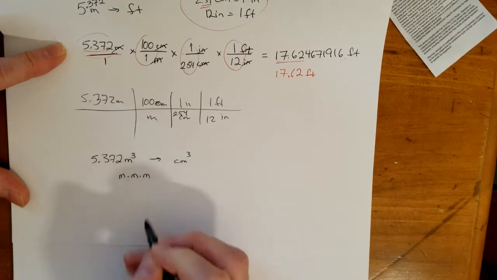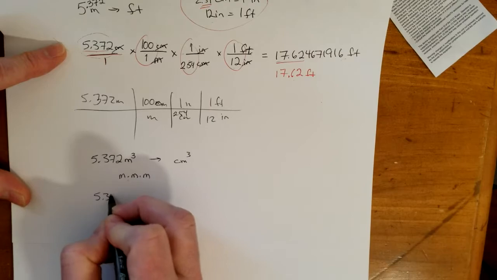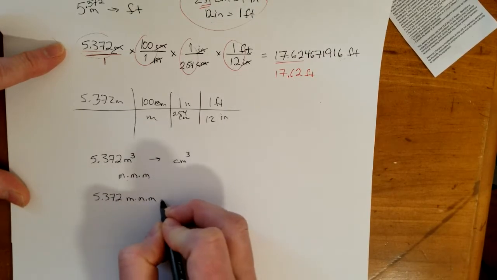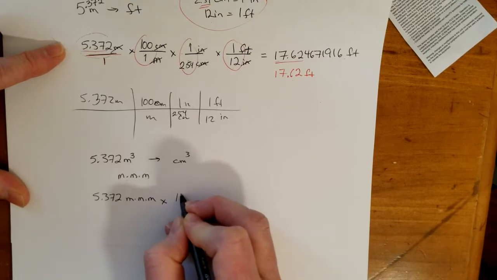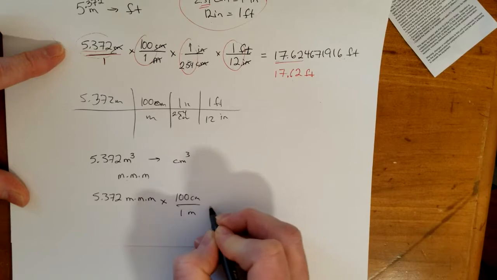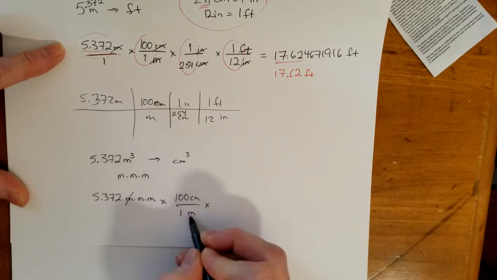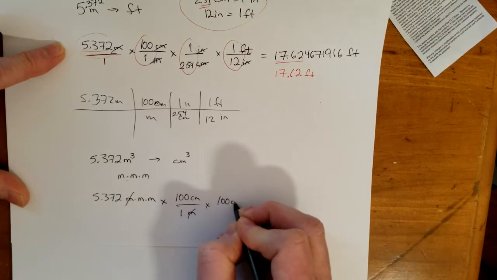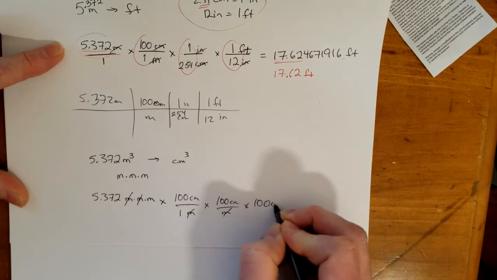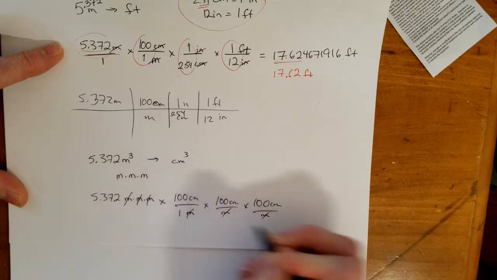I need to convert each one of them. So this would be 5.372 meters times meters times meters times 100 centimeters per meter, so that'll take care of one of them, times 100 centimeters per meter, that'll take care of another one, times 100 centimeters per meter, that'll take care of the third one.